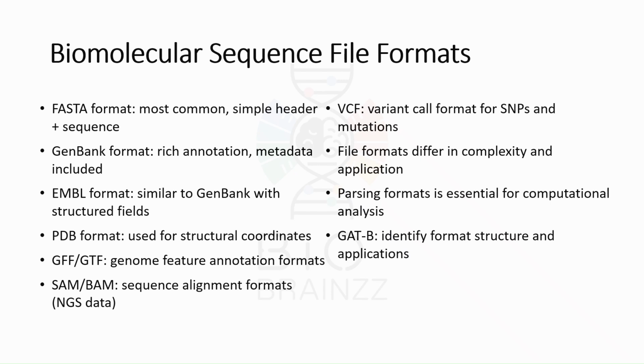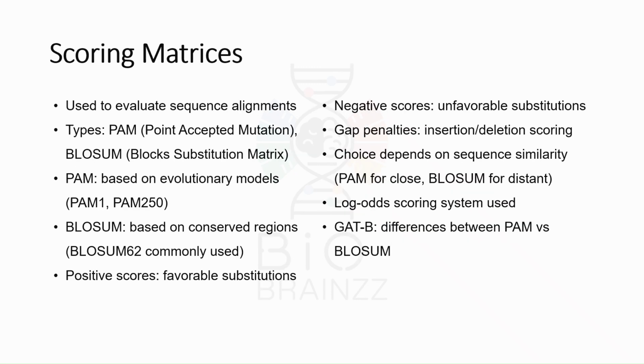Other formats include GFF or GTF for genome features, SAM or BAM for alignment data, and VCF for mutations and SNPs. Each format has a specific use, so you should not confuse them. In GAT-B, questions may come on identifying these formats and their applications.